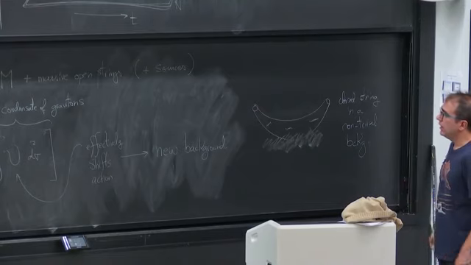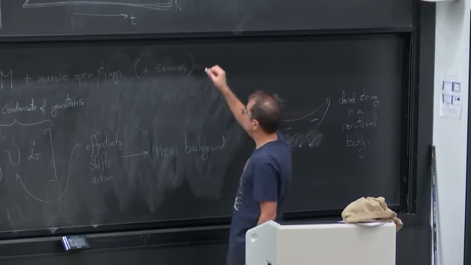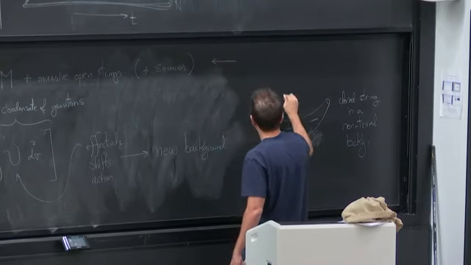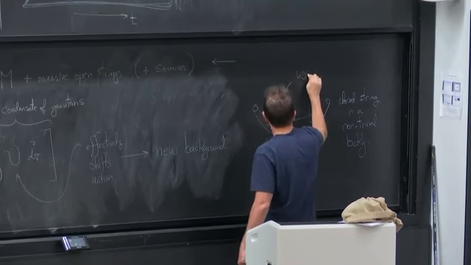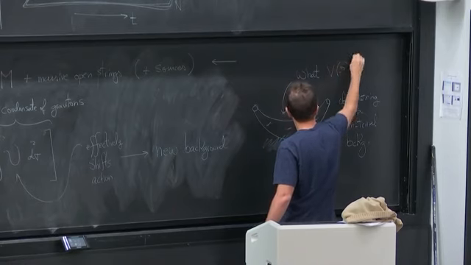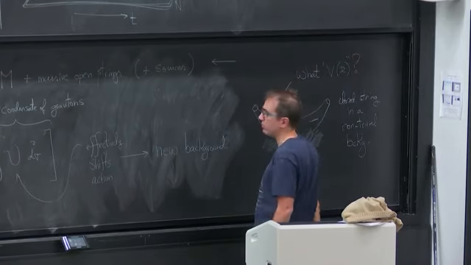Okay, and so there are two obvious questions, one here and one here. One here is what is the analog of this background V of R, schematically, of course. What is this background precisely?